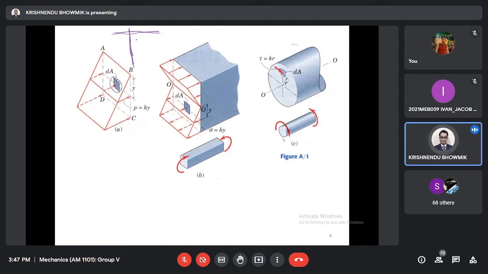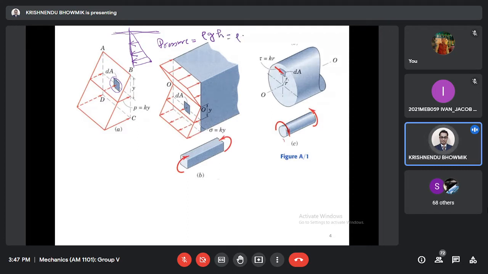As all of you know, the pressure will be like this, compressive, and people write the pressure expression: pressure equal to rho g and height.